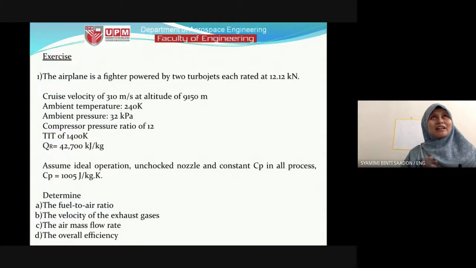In the Venturi and Bernoulli principle, we have learned something about the critical point, which determines the choke, or whether the fluid inside the tube, or inside the engine, is choked or unchoked.